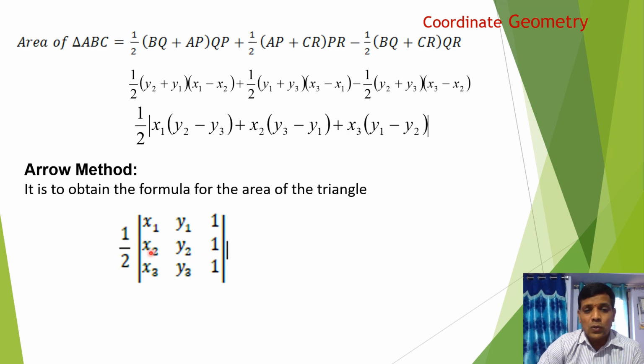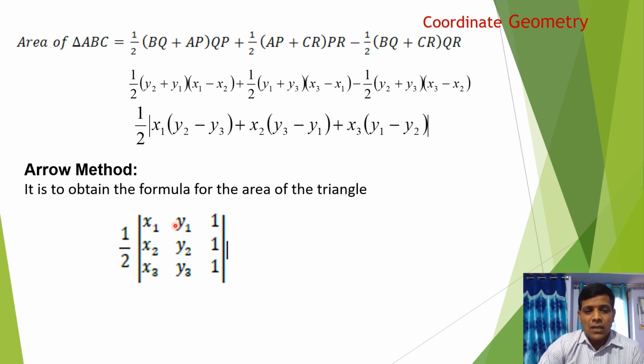Next write x2, and after that remove the second row and first column. What are the remaining values? y1 1, y3 1. This is written as y3 minus y1. And last, write x3 and remove the x3 column and x3 row. What are the remaining values? y1 1, y2 1.